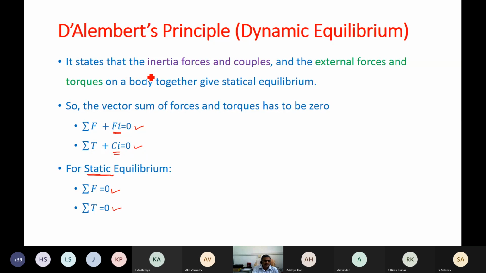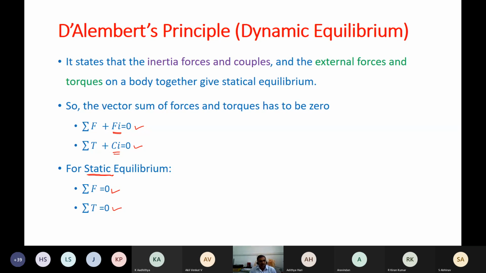It states that the inertia forces and couples and the external forces and torques on the body together give static equilibrium. Not only force, but in addition the inertia force; not only torque, but in addition the inertia torque, all together in equilibrium. That's what D'Alembert's principle says.